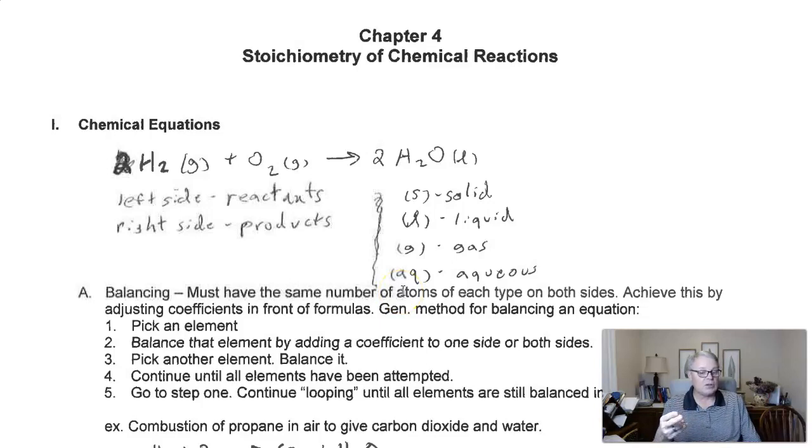The second thing is you can add 2 coefficients, a coefficient to the left-hand side and a coefficient to something on the right-hand side. Sometimes you have to do that. We'll talk about it. The third thing you can do is adjust a coefficient. Now, when you're adjusting coefficients, it's usually better to go up and not down. If you go down, you end up messing more stuff up than if you tend to go up. So that's kind of what I would do. But that's it. Those are the only 3 things you're allowed to do.